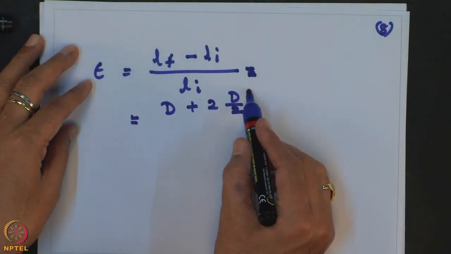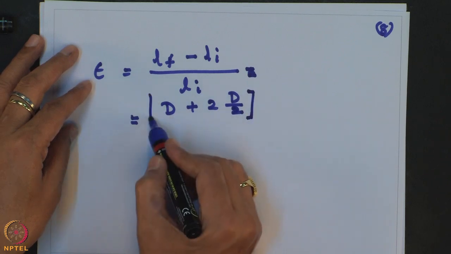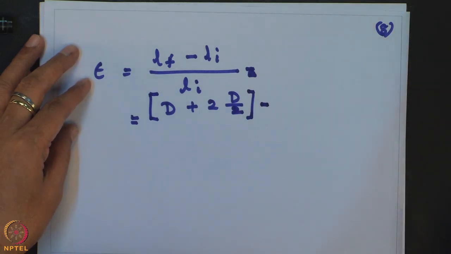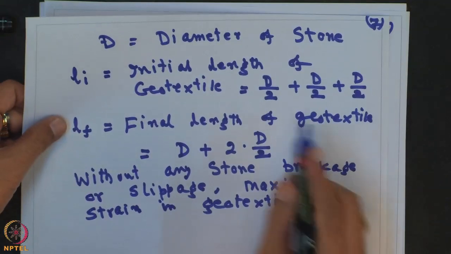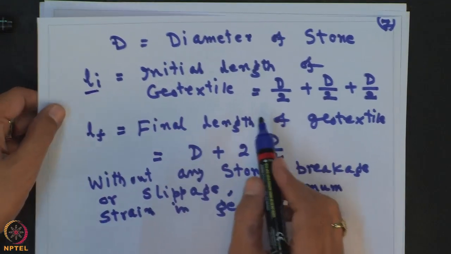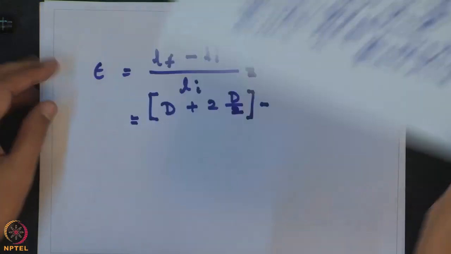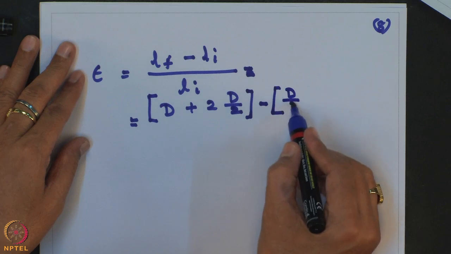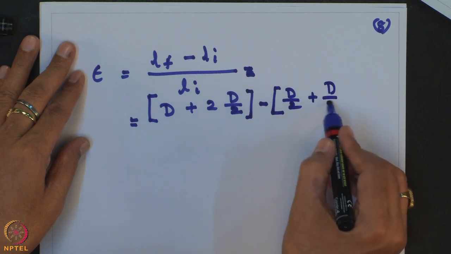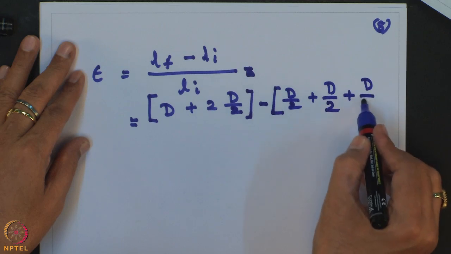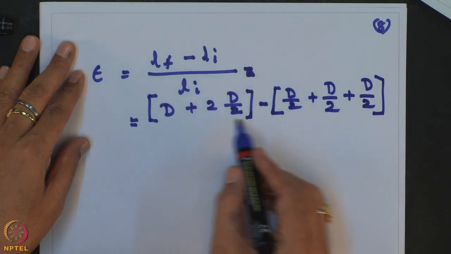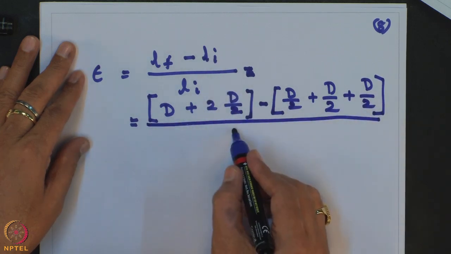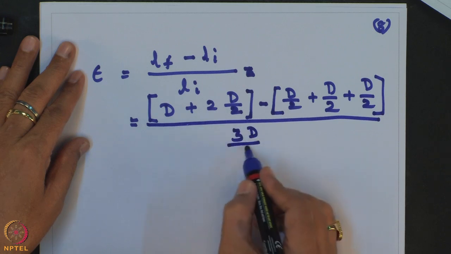Minus the initial length, which was L_i equal to D by 2 plus D by 2 plus D by 2. So, you can write the initial length is D by 2 plus D by 2 plus D by 2, and this divided by the initial length, which is 3 times D by 2.